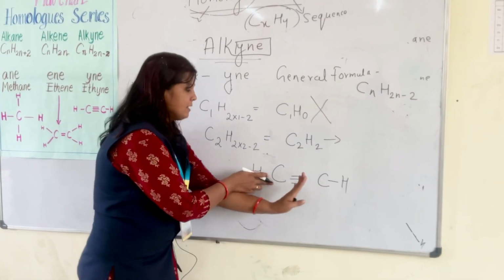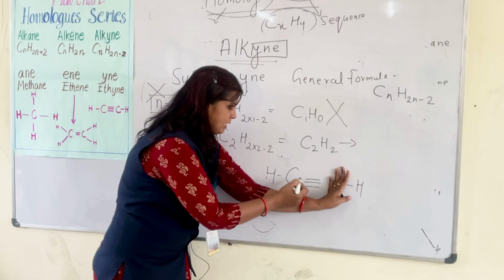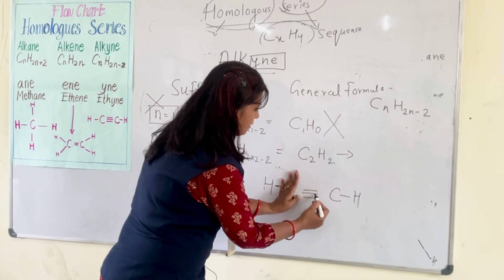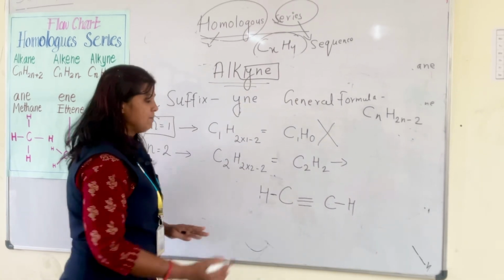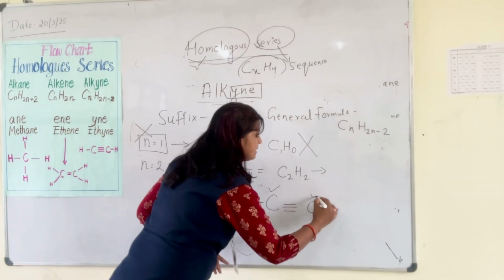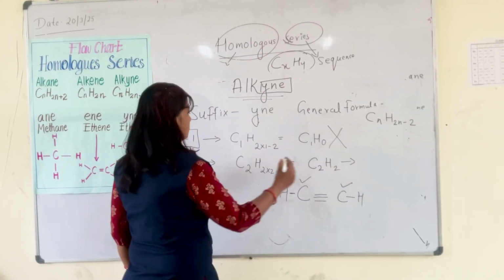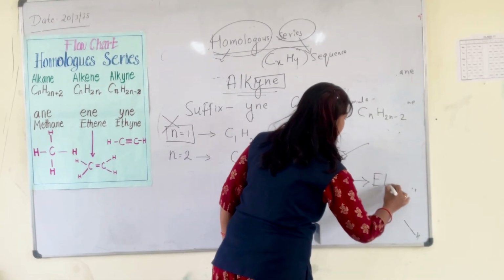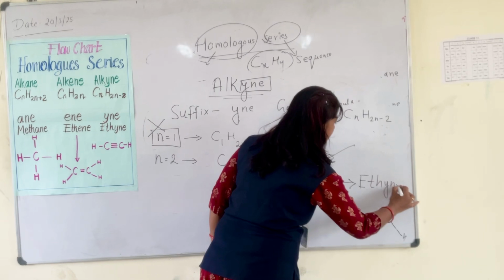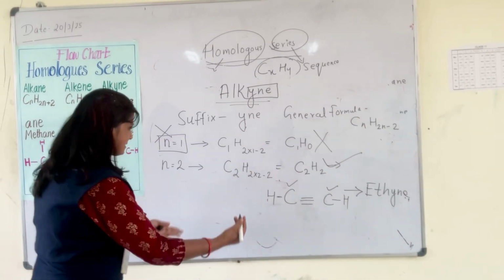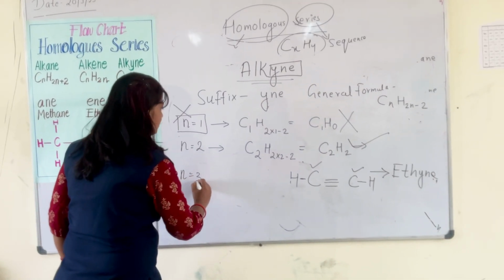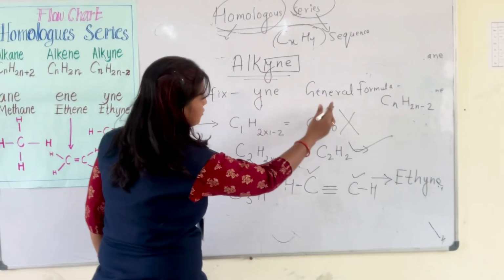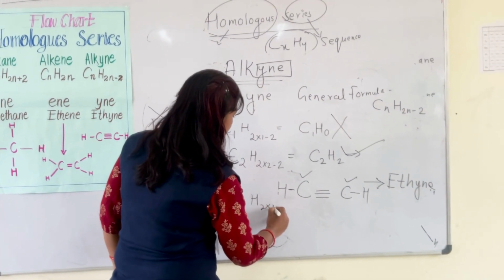This carbon is bonded with 1, 2, 3 and 4 bonds. This carbon is bonded with 1, 2, 3 and 4. Means this carbon is also stable, this carbon is also stable, and the molecule is completely correct and the name is ethyne. Y N E. Ethyne.